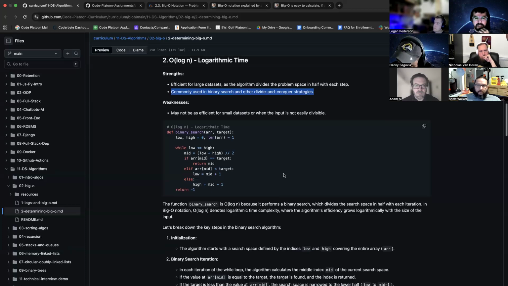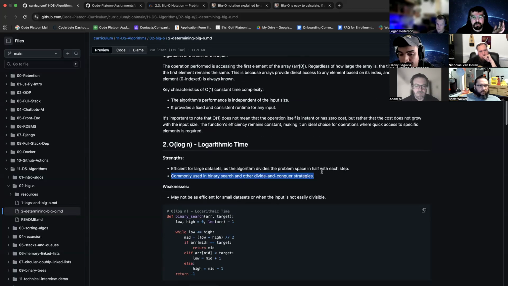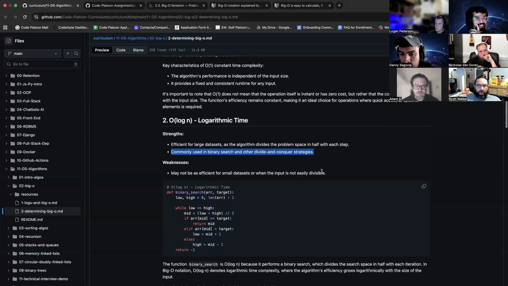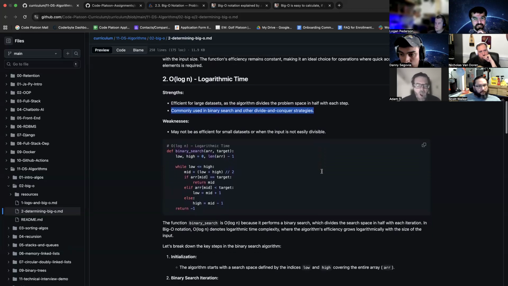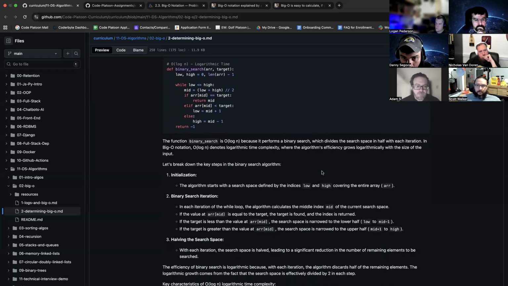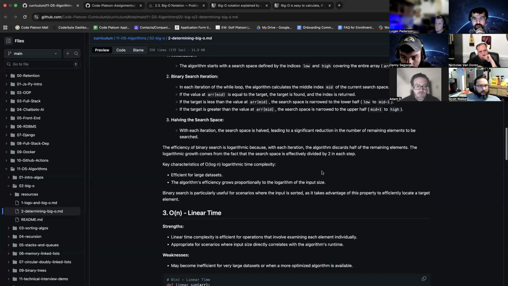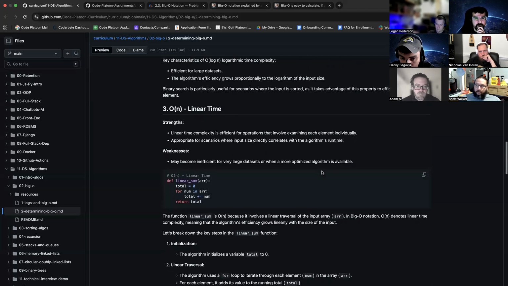It's okay if you're not familiar with binary search, we're going to do an exercise about it. But that's the quintessential example of logarithmic time. Honestly, I can't think of any other one. That's the one that you always see. Not going to get into binary search right now. I just want to go over all of them first, but then we can run through that example.